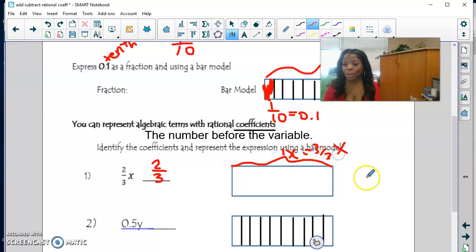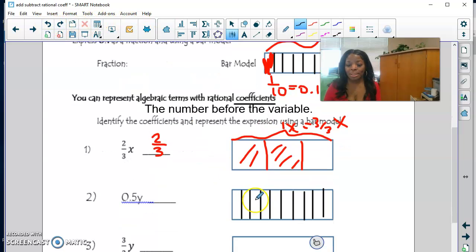So now, in order to show 2/3 x, how many lines do I break the bar into? 2 lines, which would give me 3 parts. And we just need 2/3 of x. So I'm just going to draw a little shading here. We'll just underneath write 2/3 x, and that's this part. Okay, that's 2/3 of x.